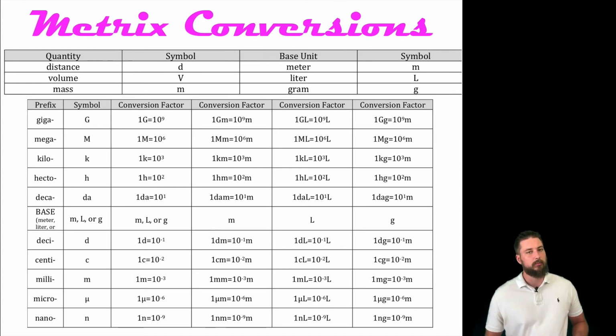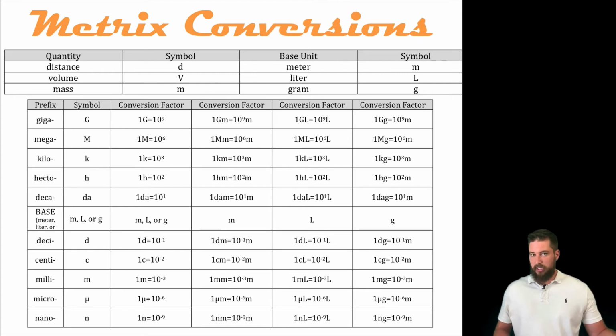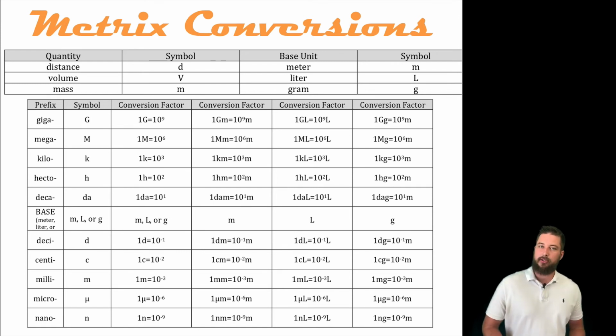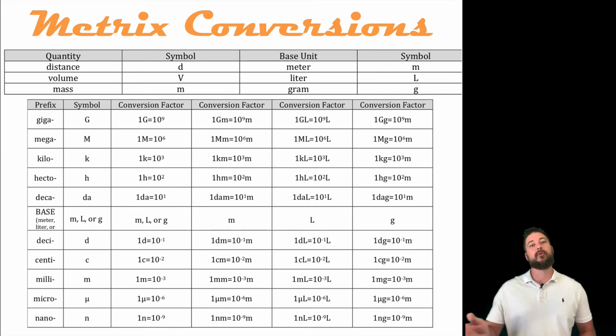The last thing that I'm going to leave you with is the metric system. Now, for this class, we're going to solely deal with meters, liters, and grams, but the metric system does apply to other things, for example, like megabytes or gigabytes. But essentially what the metric system does is it is a type of conversion using powers of 10.